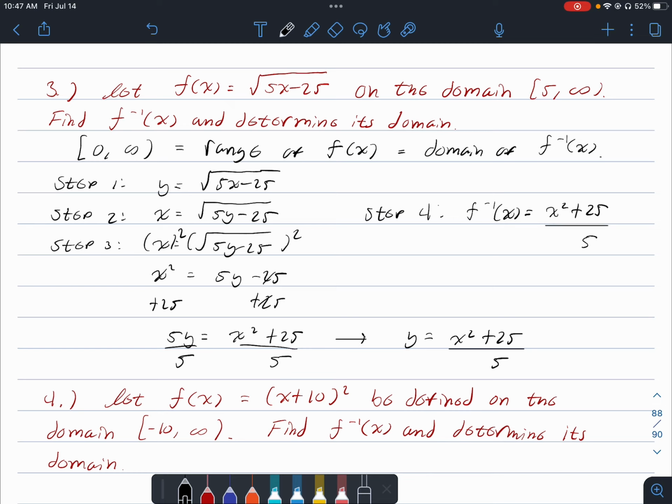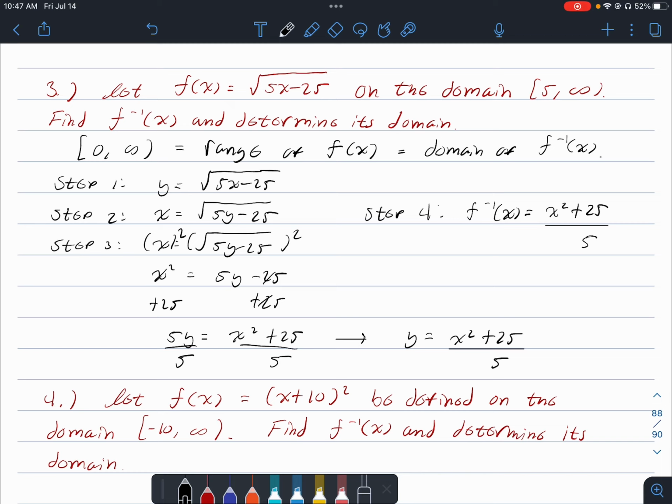You might be wondering now, on this function f inverse of x, you could plug in negative values here and everything would make sense. So why is it that the domain of f inverse of x is only 0 to infinity? Well, that is the only domain that would make sense here, where it is still the inverse of f of x.